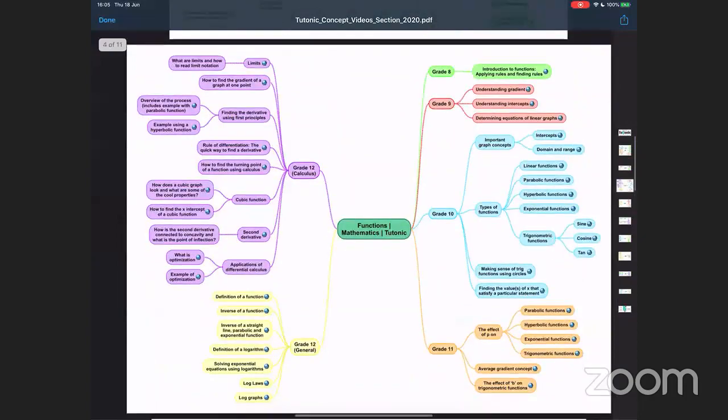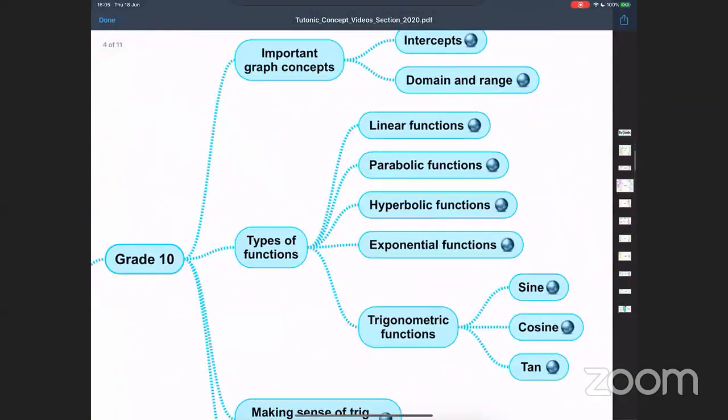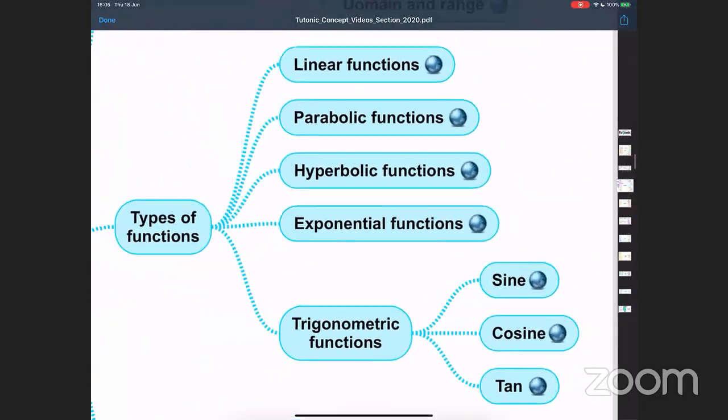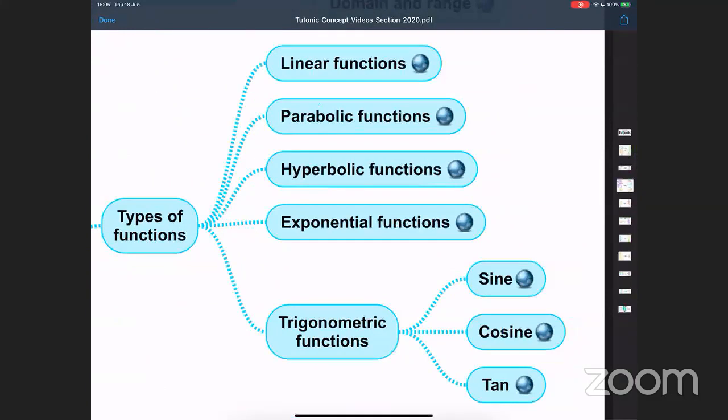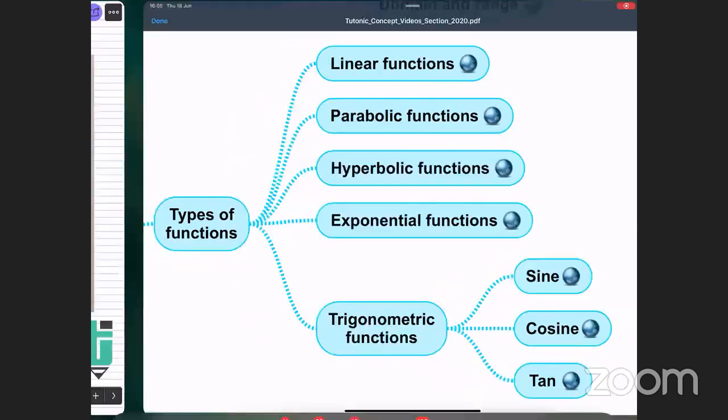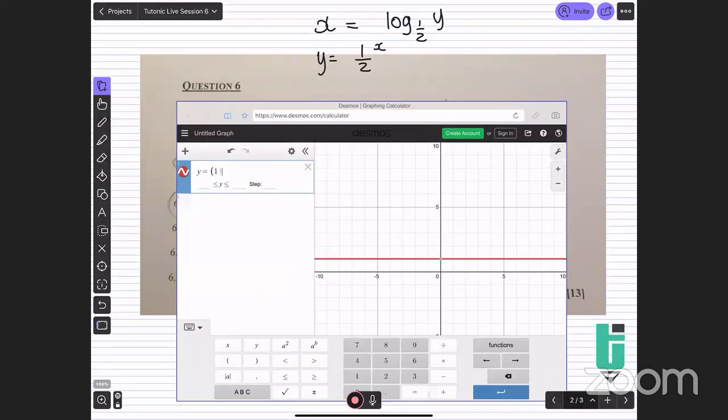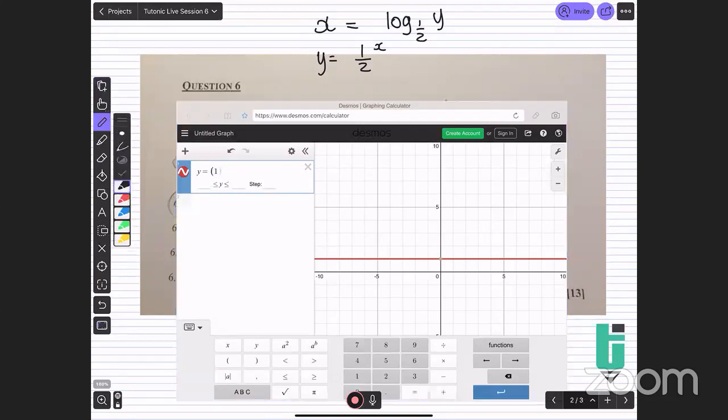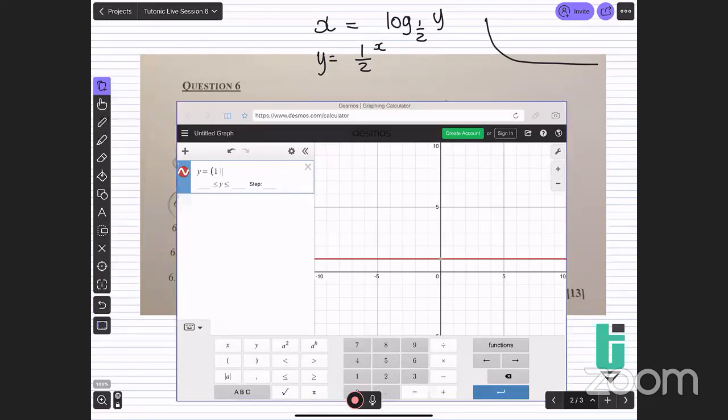Guys, okay? So if you look at exponential functions, I teach you guys how to predict. So basically, if I give you an equation, based on your knowledge of the equation, you should be able to tell me how the equation looks before drawing it. So I can tell you now, a half to the power of x will look something like this. And that's because b is a fraction, and a is positive.